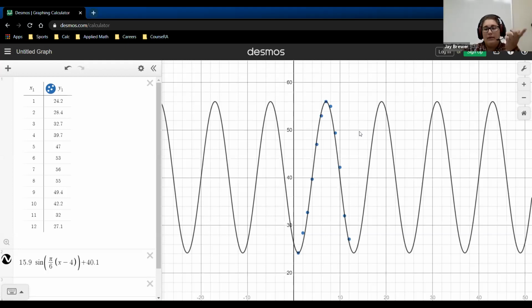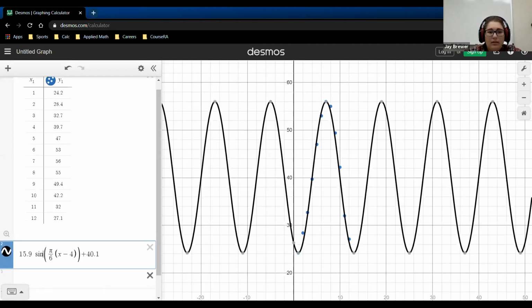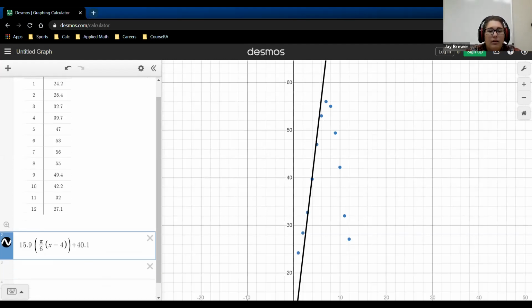Now, let me just tell you that in our textbook compared to the teacher notes, they love to do the opposite to me. So in the textbook, our example was a sine. So when I was going through and trying to figure this out for my teacher notes, I was like, well, obviously they keep giving me the opposite.